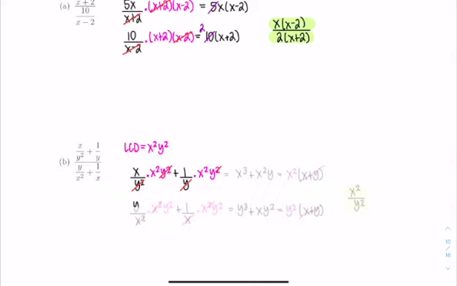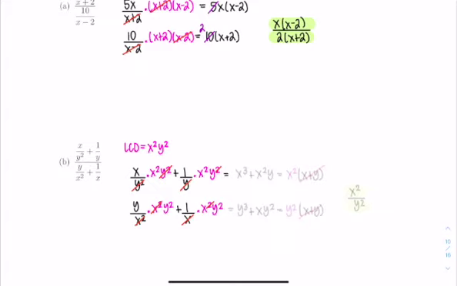In the denominator, we have y over x squared times x squared y squared. And we have 1 over x times x squared y squared. And so in the first one, the x squareds cancel, and then in the second one, only a single x cancels.